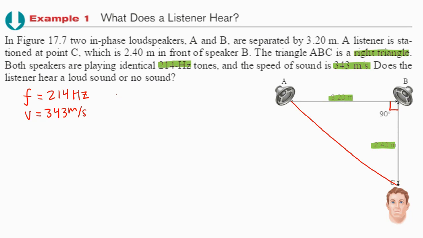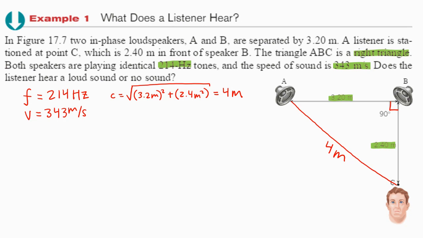So that distance there will be equal to the square root of 3.2 meters squared plus 2.4 meters squared. That gives us a distance of 4 meters from speaker A to the person at point C.